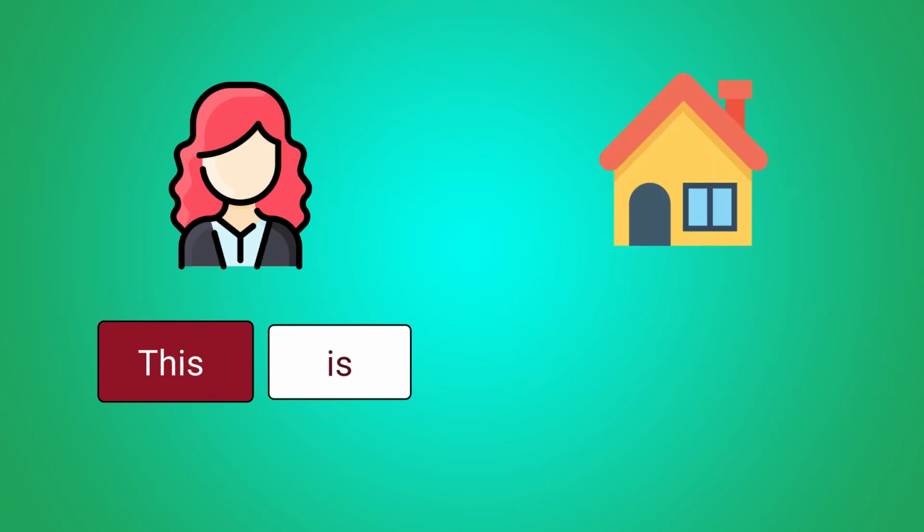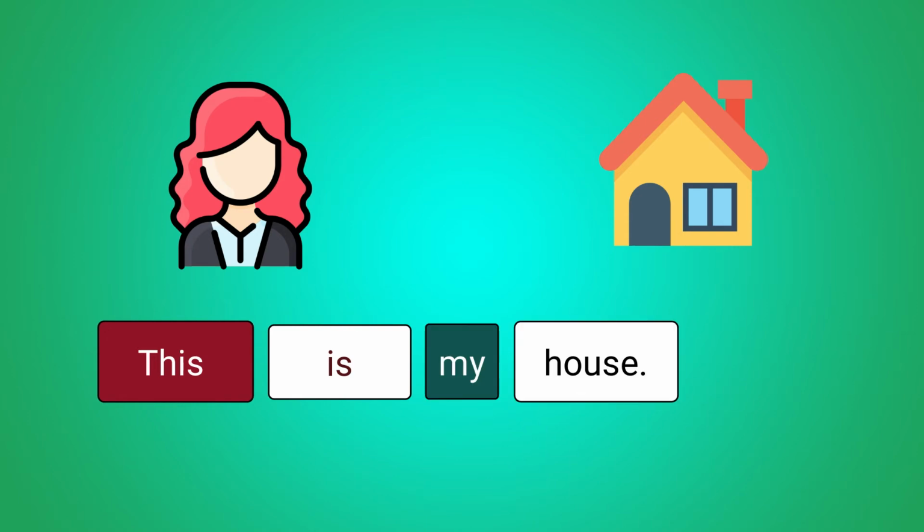Now we have friend with the apostrophe S and friends, plural, with the apostrophe at the end. So we can have the following. We can have a house and this person can say, oh, this is my house.